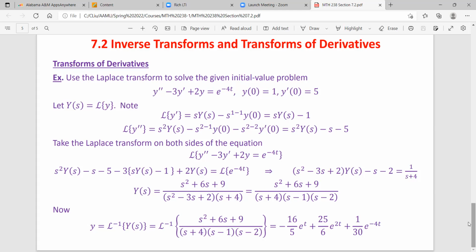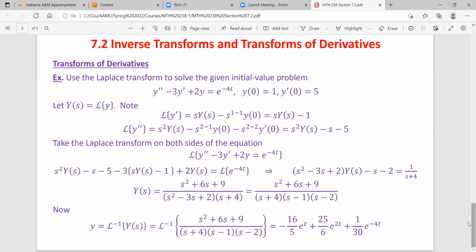The Laplace transform of y prime is s times Y of s minus s to the 1 minus 1 times y of 0. Plugging in y of 0 equal to 1, s to the 1 minus 1 is s to the 0, which is 1. Then we get s times Y of s minus 1 for this.